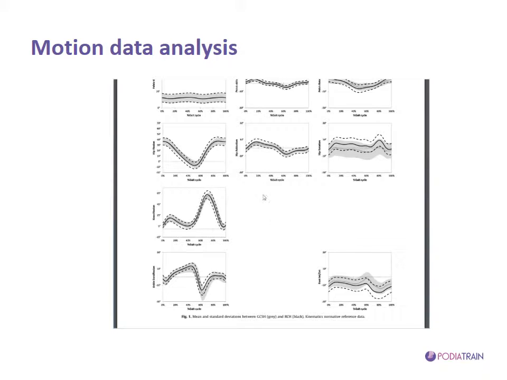So we have pelvic tilt, pelvic obliquity, pelvic rotation, hip flexion, hip adduction and hip rotation, knee flexion here, and ankle dorsiflexion. Also here we have foot internal and external rotation.